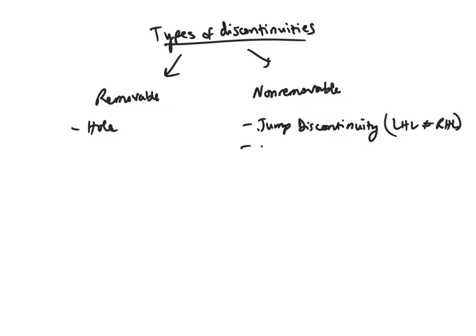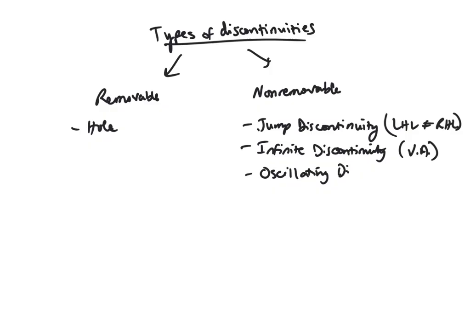Then we've got our infinite discontinuity. I don't know if I've used this term. Those are your vertical asymptotes going to infinity. And then finally we have our oscillating discontinuity.